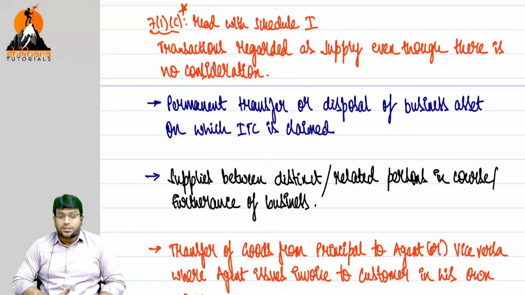First point, permanent transfer or disposal of business asset on which ITC is claimed.